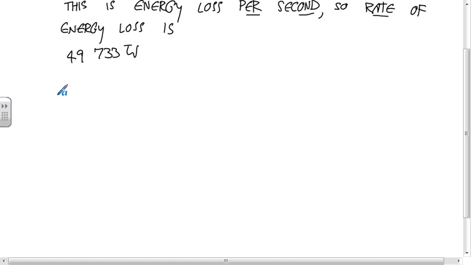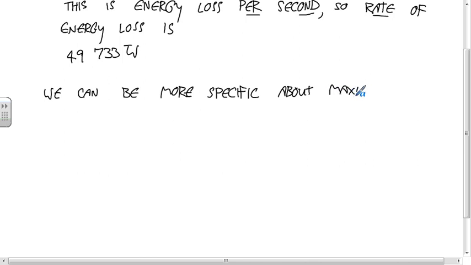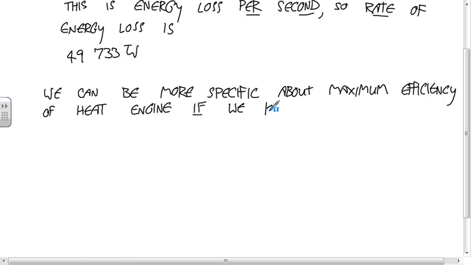So now we'll find out a little bit more about the maximum possible efficiency. We can be more specific about the maximum efficiency of a heat engine if we know the temperature of the boiler and the temperature of the condenser.